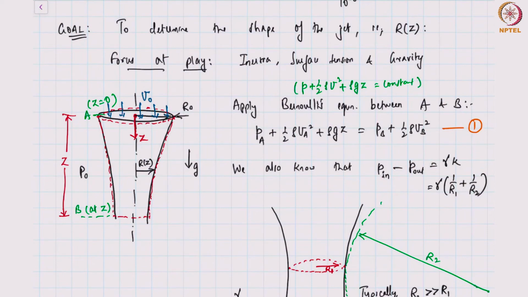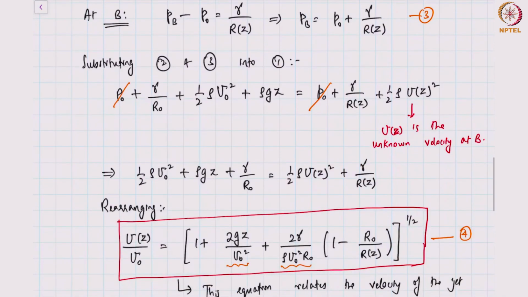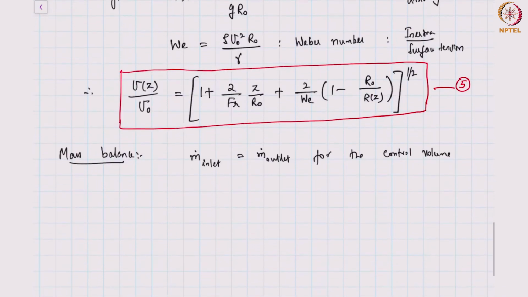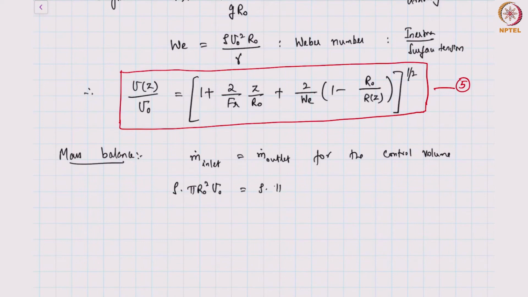And therefore, I can now simply apply this mass balance to get density times pi r naught square u naught is equal to density times pi r of z whole square times u of z. This can be either mass flow rate or volume flow rate. They are equivalent because it's an incompressible flow.